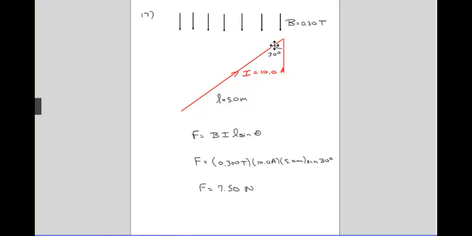And so in this case, you would end up having your thumb go into the screen. So in this case, the actual force would be pushing in towards the screen instead of away from the screen. So we'll say in towards the screen. They didn't ask us for the direction, but the more chances we have to practice that, the better we'll be at it.